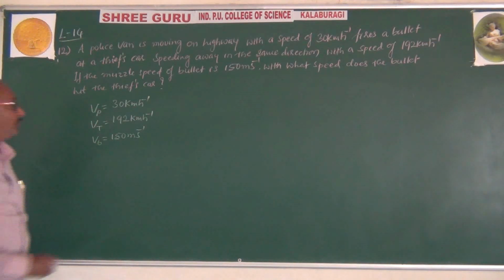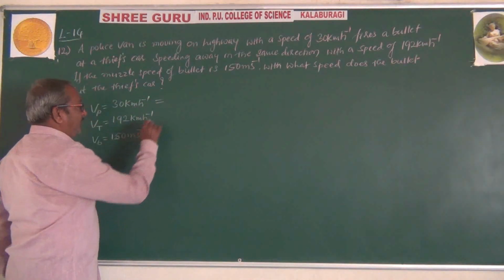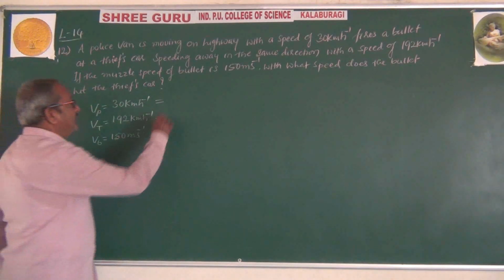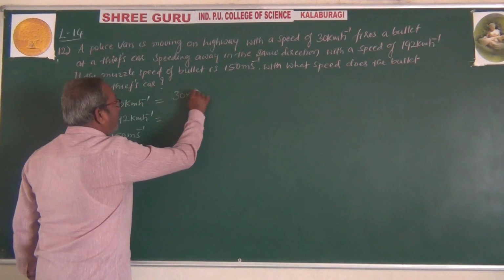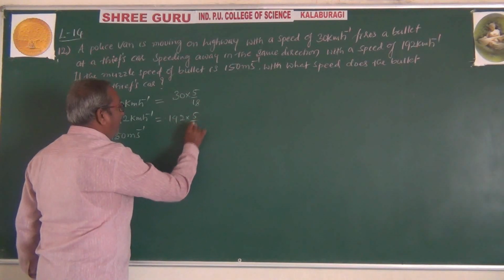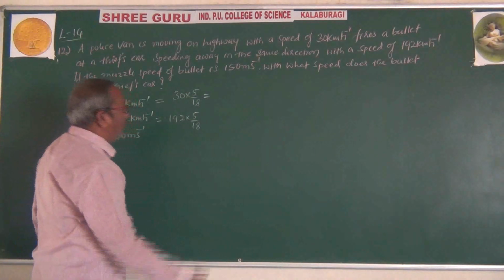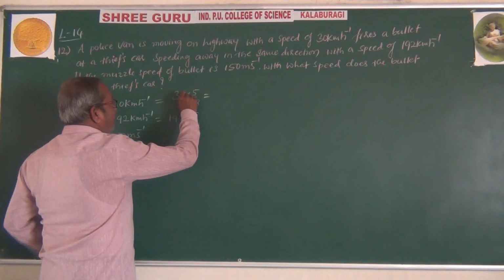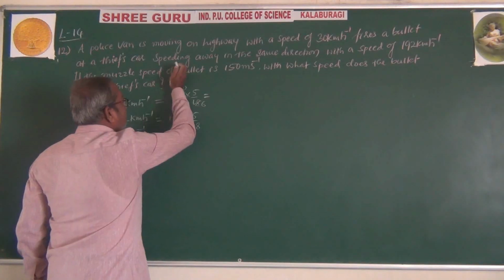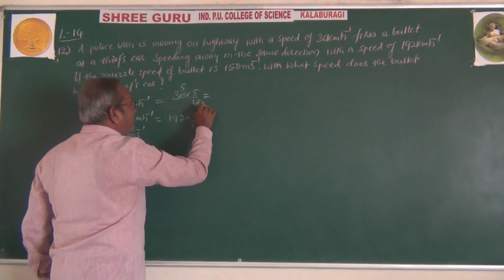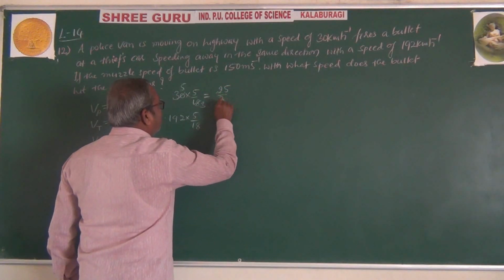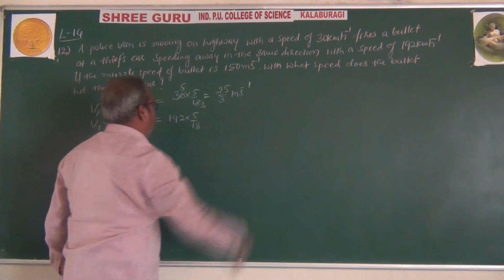This is in meters per second and these two are in kilometers per hour. So first we have to convert. Here it is 30 into 5 by 18, and here 192 into 5 by 18. Cancelling, 5 into 5 is 25, so 25 divided by 3 meters per second.